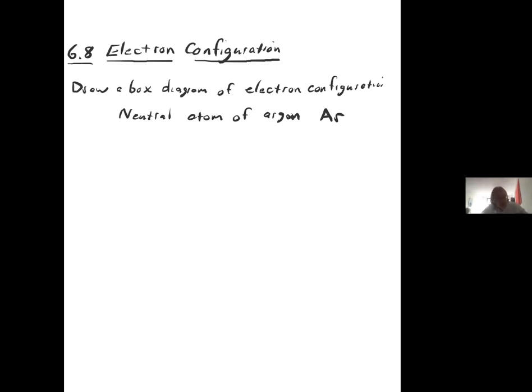So here's your starting point. What you do is you look up the element in the periodic table. The number you want is the atomic number.